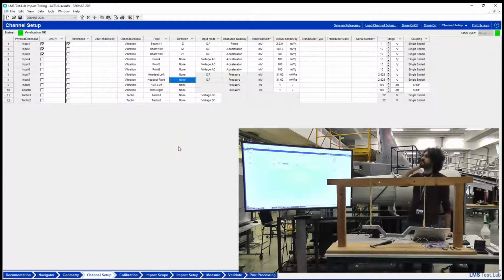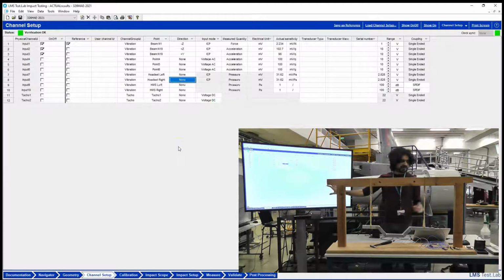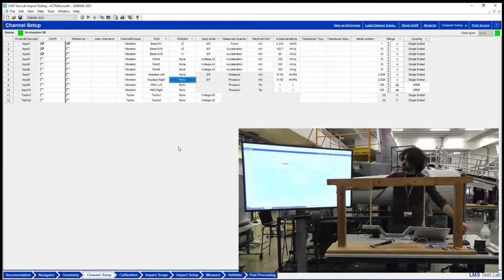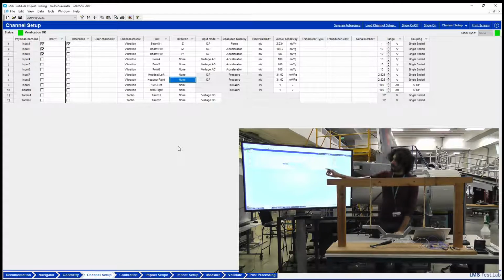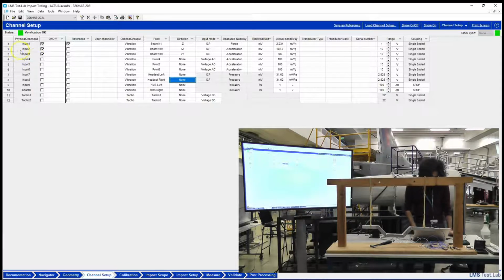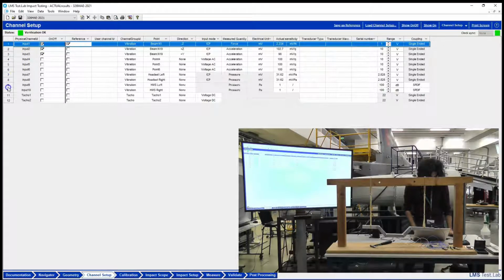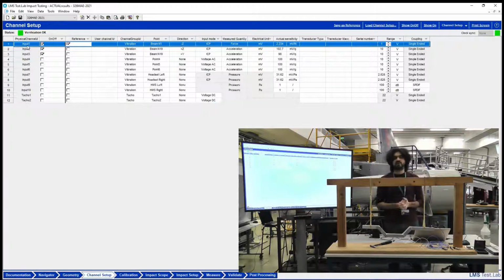Now this tab is the tab that communicates with the actual acquisition box. What we have here shows what the acquisition box can do, and we have 10 input channels. So this box is capable of acquiring 10 different streams of signals all at the same time.